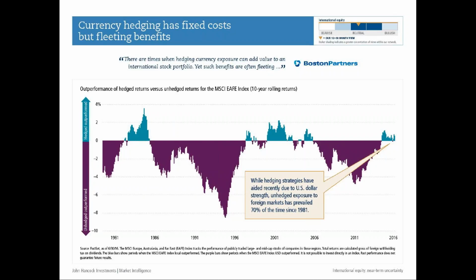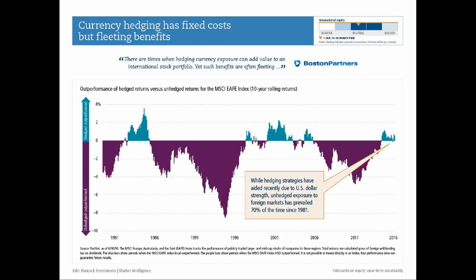Now what this shows is there are hedged products and hedged investments out there, so you could potentially hedge your international currency exposure. At the top are rolling 10-year periods where, if you owned a hedged product or strategy, you would outperform. Those are the teal periods. At the bottom are the purple periods, showing unhedged, which basically says if you did not hedge, you would outperform a hedged strategy.